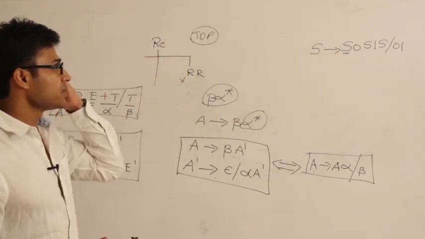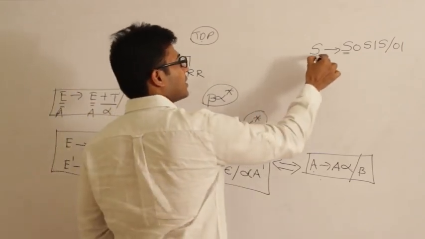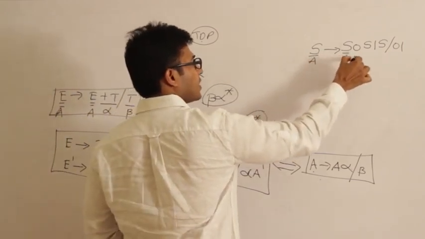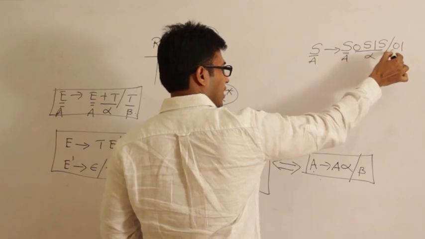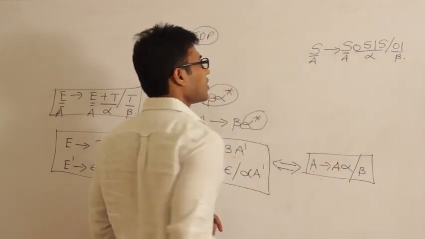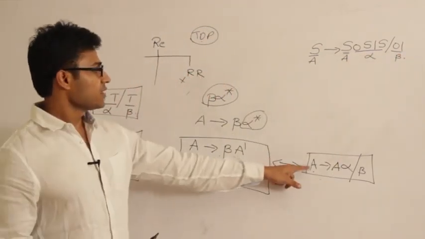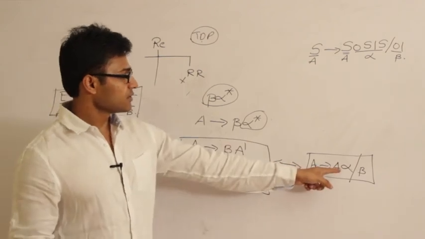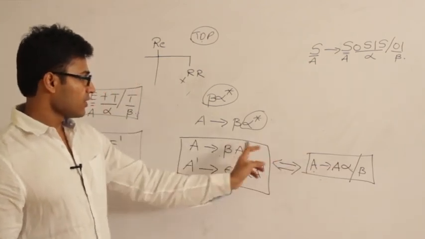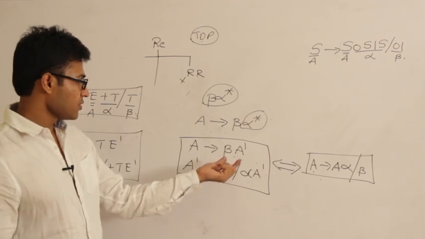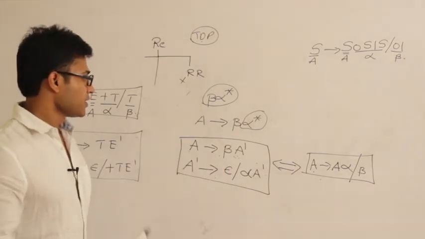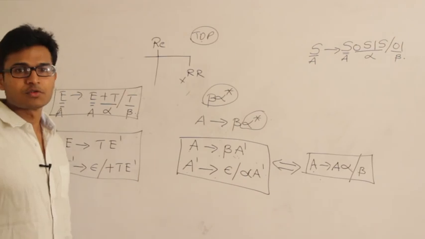Now you could imagine it this way. It is nothing but A is S, A derives A, whatever is remaining is alpha, and the other production is beta, the other alternative, right? So you can substitute that in this formula. A is this, alpha, and then beta. Then if you want to eliminate the left recursion, you have to use this formula, right? You can remember it as a formula or you can derive it. My suggestion is don't memorize anything by heart.